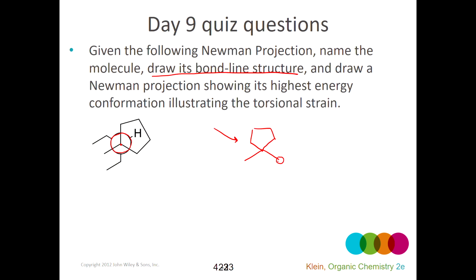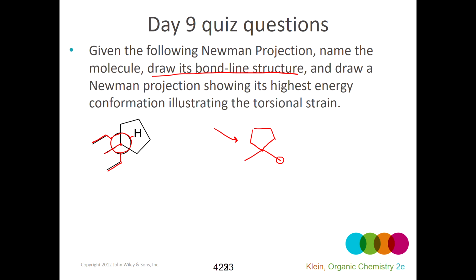The back carbon, which I drew a little circle here for since that's the circle behind, has a hydrogen bonded to it, and it has an ethyl group and another ethyl group. Right? So you have to remember, if a line extends all the way in to the center of a ring, it's not indicating that that group is on the back carbon.